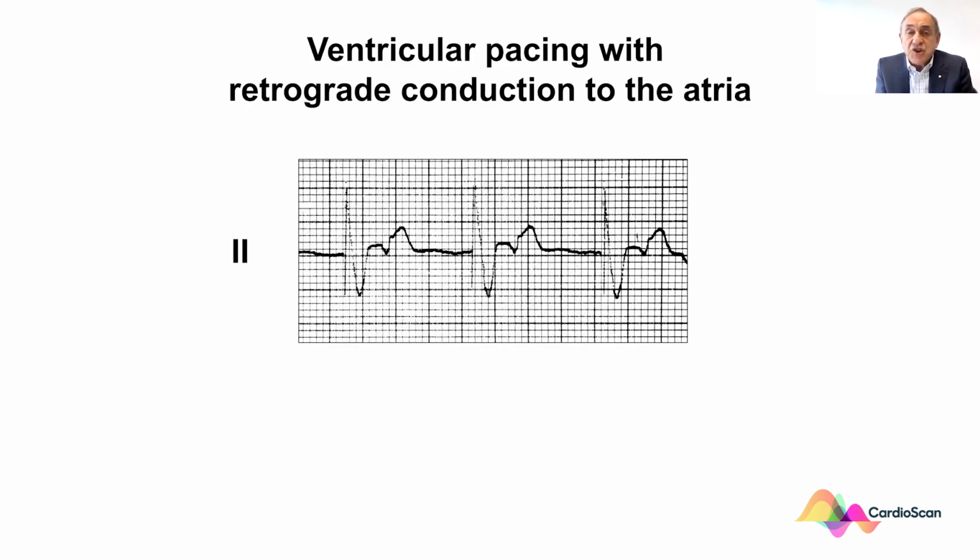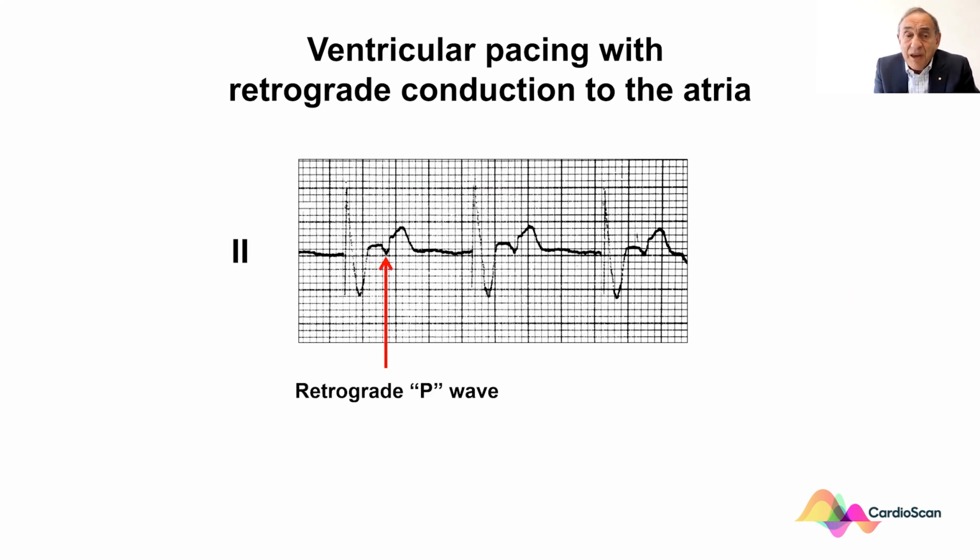There is another concern with ventricular pacing in that if there is heart block occurring with anterograde block, sometimes there is, however, no retrograde block, so that the pacemaker can now conduct backwards into the atrium and depolarize the atrium.